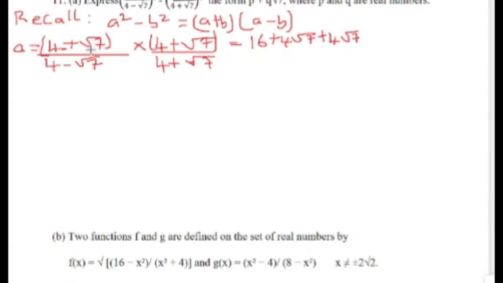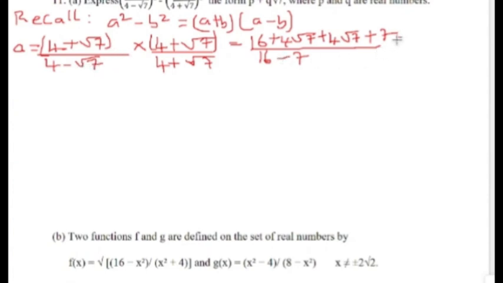And lastly, root 7 times root 7 will come out as 7. Everything divided by the denominator here, which will now be 16 minus 7. Because this is the conjugate, we square the first term, 4 squared, then we square the second term, root 7 squared. So it will reduce to this.